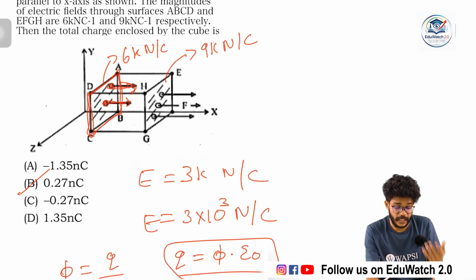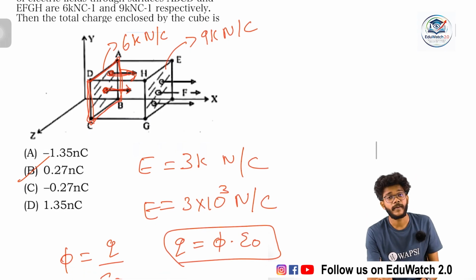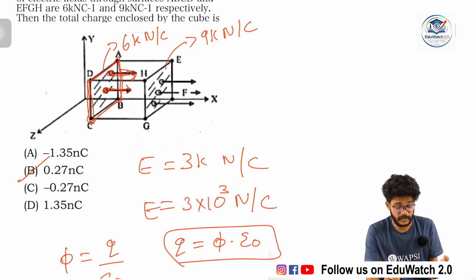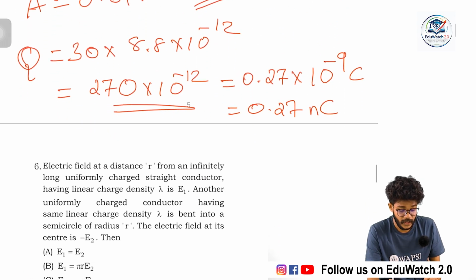If the incoming were 9K and the outgoing 6K, the change in electric field would be minus 3K, and option C would be correct. Otherwise, option B is the correct answer.